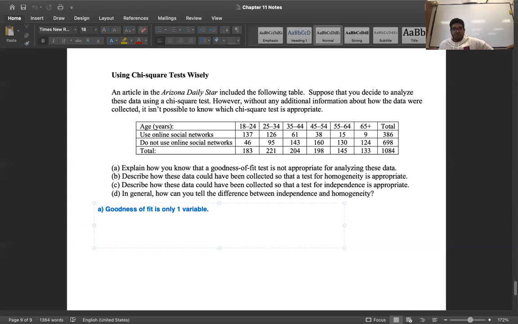So for part D, this is the big one. In general, how do you tell the difference between independence and homogeneity? So I'm going to write down part D, it's the big part. In homogeneity, we have 1 set of totals, your marginal distribution, chosen by the researcher.